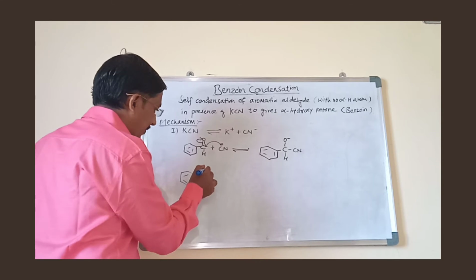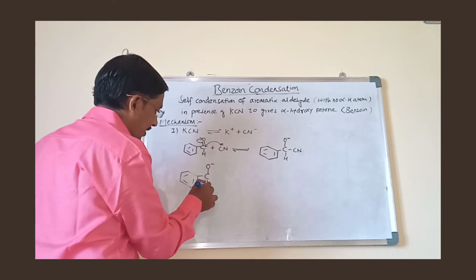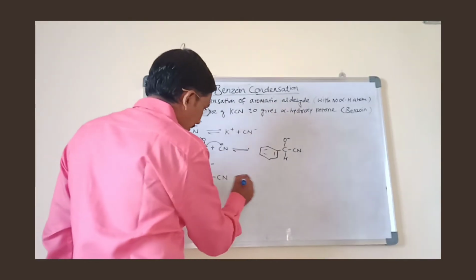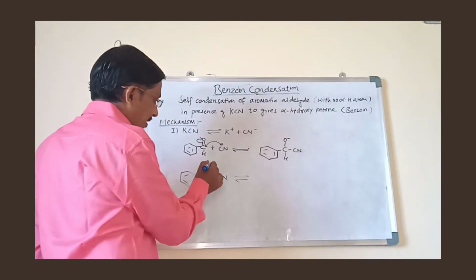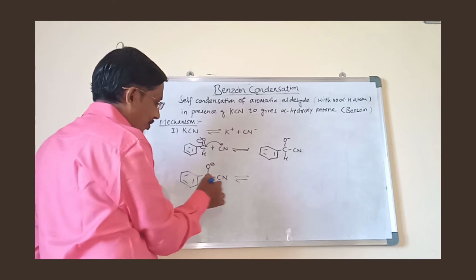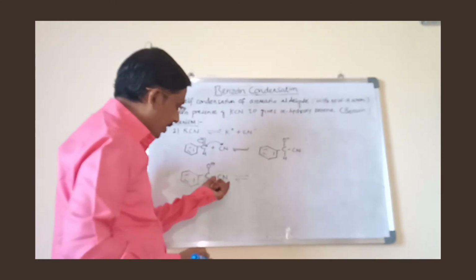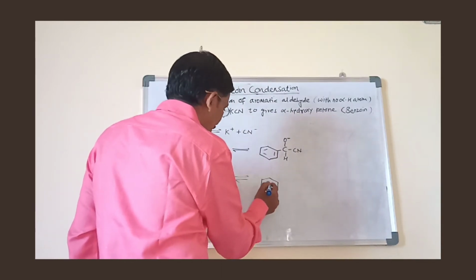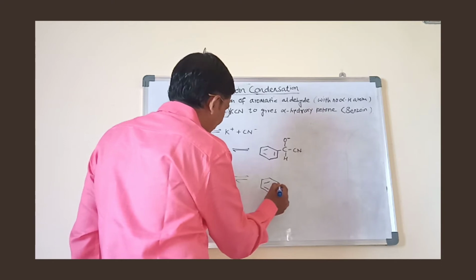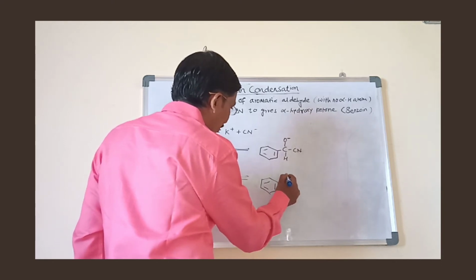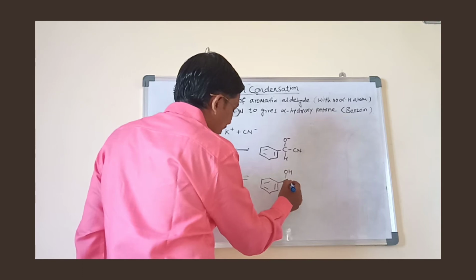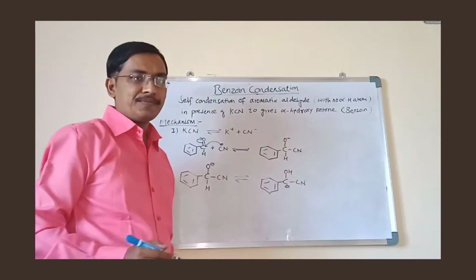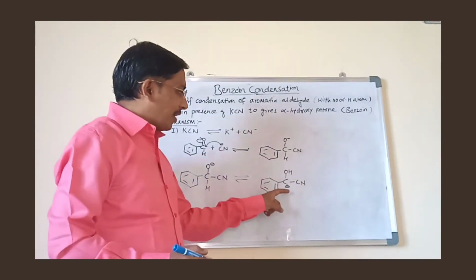The driving force in the reaction is the CN, which is an electron withdrawing group. This negative charge obstructs the proton due to the electron withdrawing nature of the CN, and once that carbanion is generated, it will be stabilized by the electron withdrawing group. It is OH, this is CN, now this is a carbanion. Very interesting.